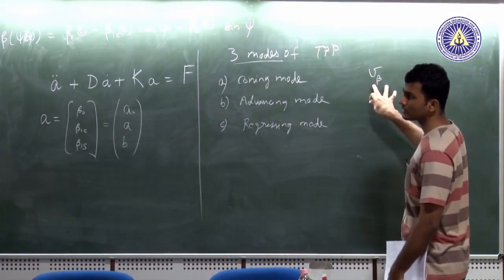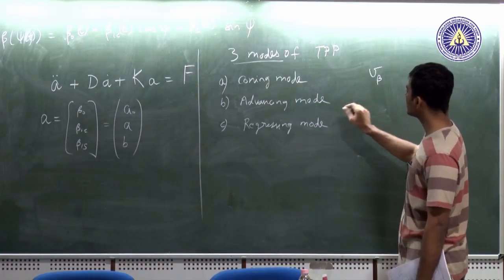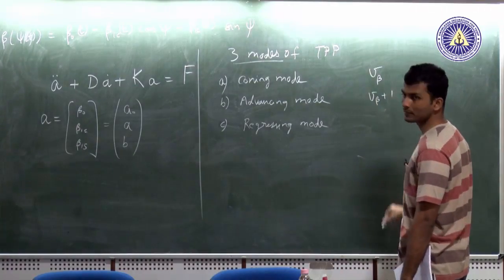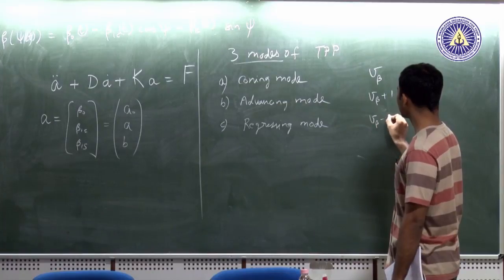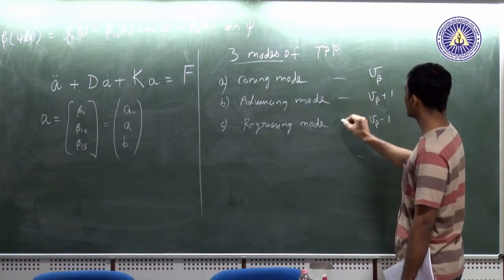This is the natural frequency associated with the coning mode. And for the advancing mode, the natural frequency is nu beta plus 1, and for the regressing mode you have nu beta minus 1. So these are the natural frequencies associated with these modes.